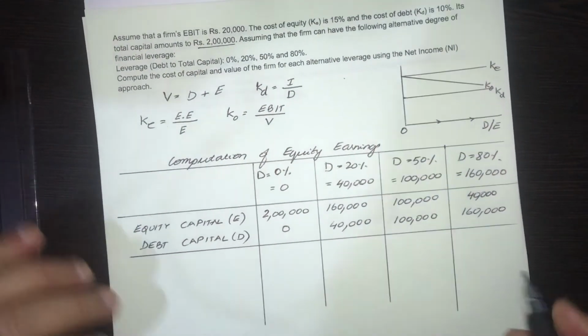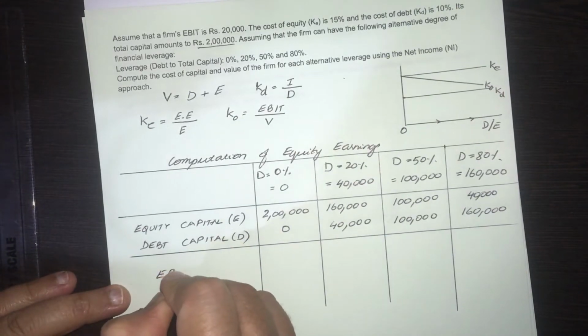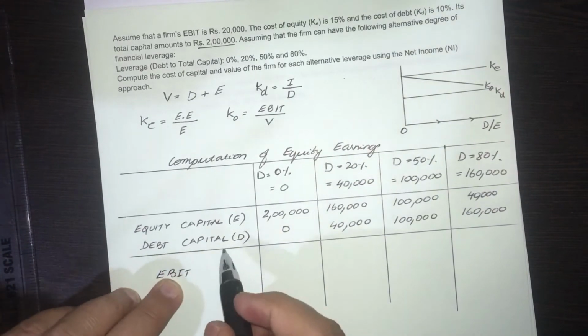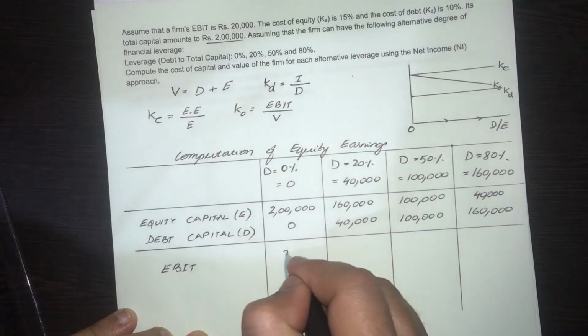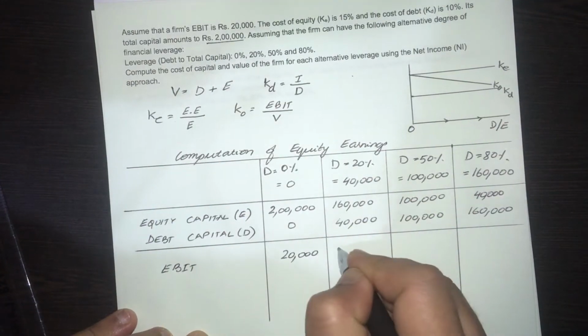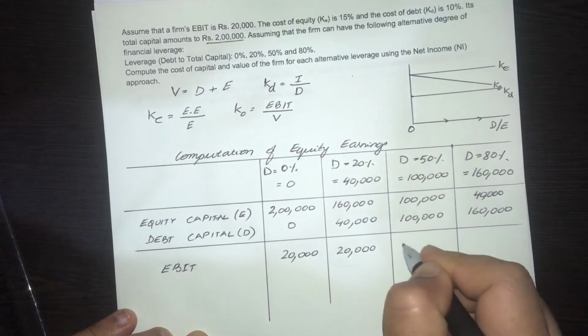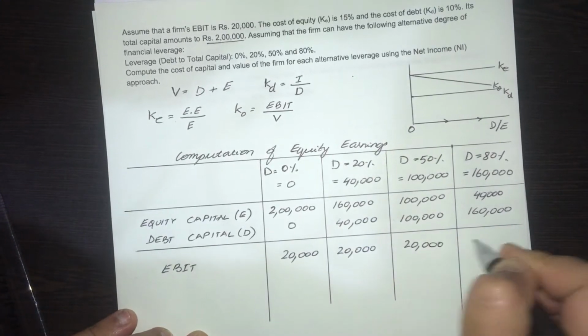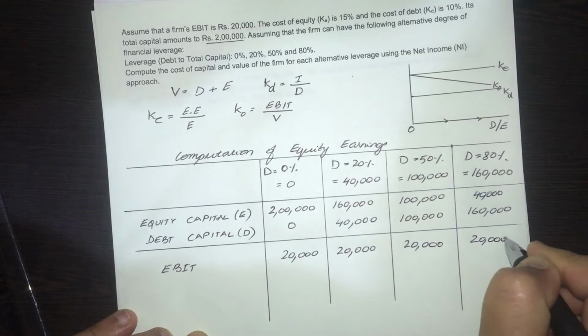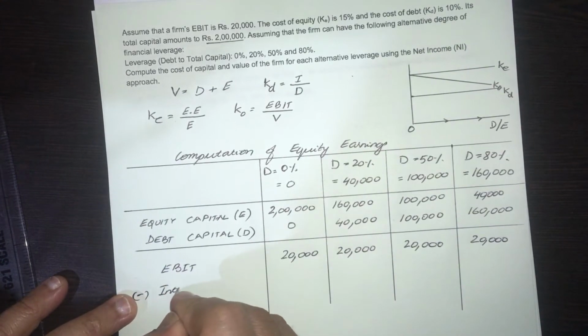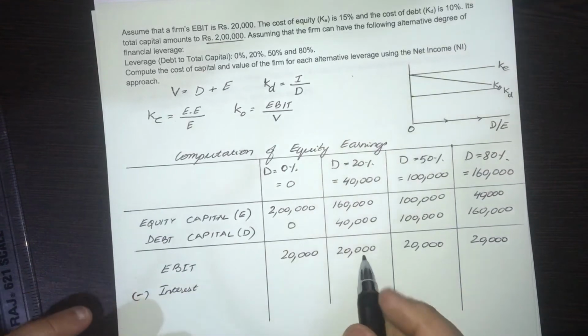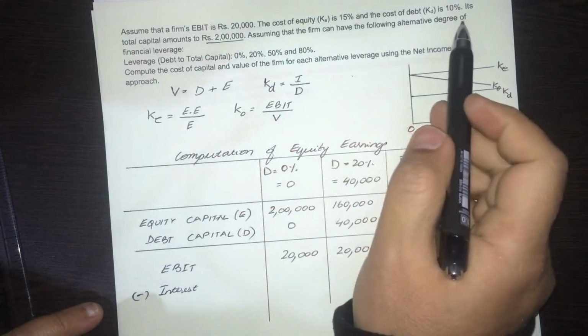Now, show EBIT. The EBIT operating income is, oh no, sorry, 20,000. Minus interest. Now what is the interest rate here?